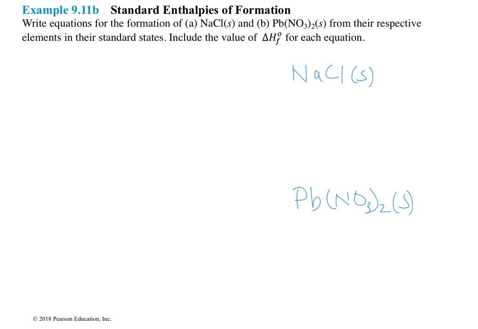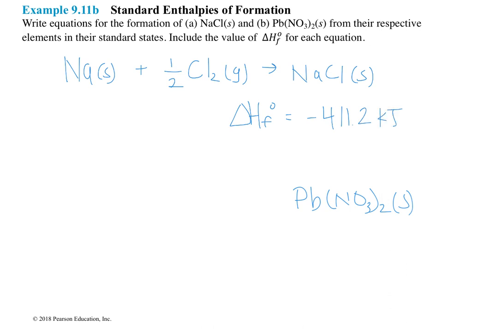So sodium is a solid metal in its standard state, and chloride comes as chlorine gas, Cl2 gas. I only need 1 atom though, so I'm going to multiply by half. This value is, if we look up delta H of formation for salt, negative 411.2 kilojoules.